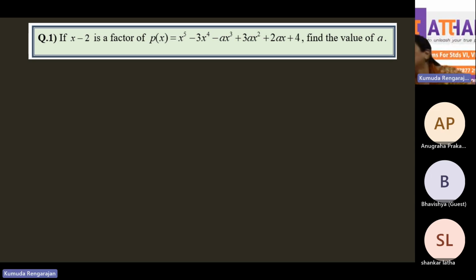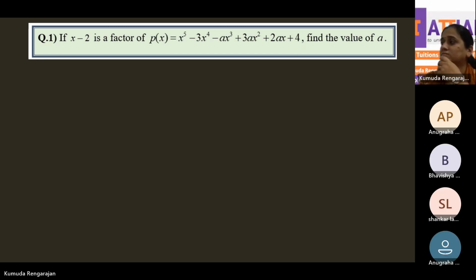No, children, it's time. What's the value, Sahana? 5 by 4. No. 3 by 2. Ma'am, 3 by 2.